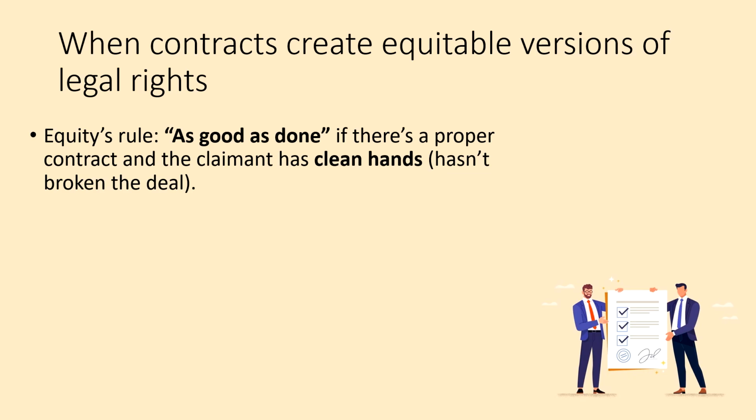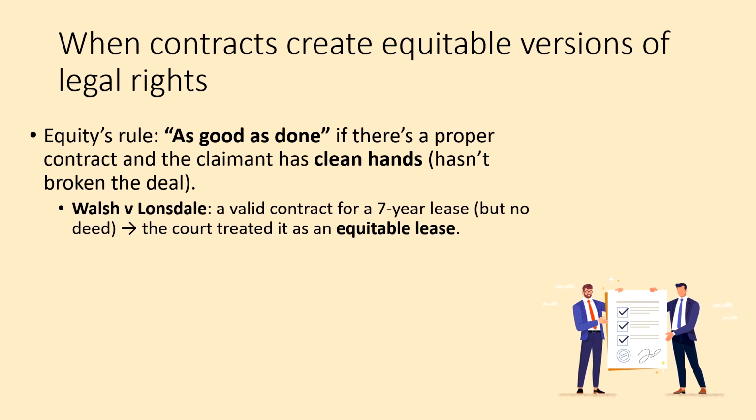It's not the claimant's fault. They didn't really break the deal, but it's just something's got in the way. Then equity might say, yeah, well, it's only fair that we will protect that initial contract and agreement, and just provide that little bit of a safety net. But that really depends on whether the claimant is at fault or not. So that's the clean hands principle that you might have heard from equity.